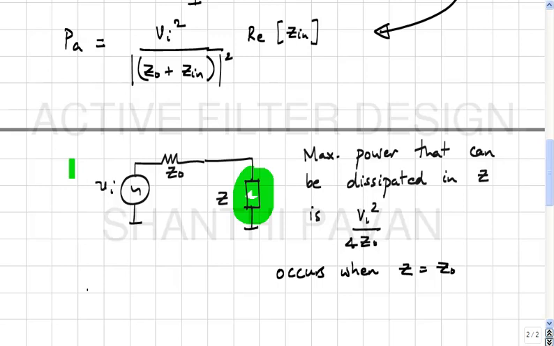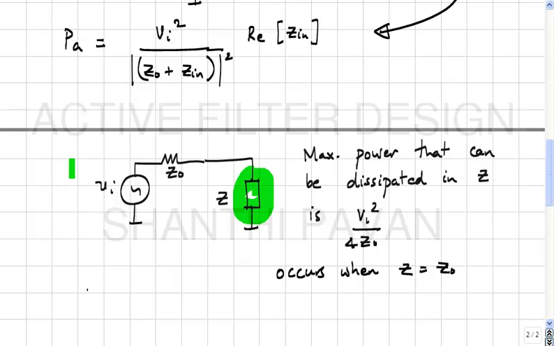Please note that Z can be complex. The larger the deviation between Z and Z0, the more the power dissipated will differ from Vi square by 4Z0.